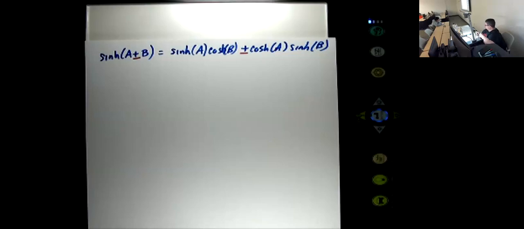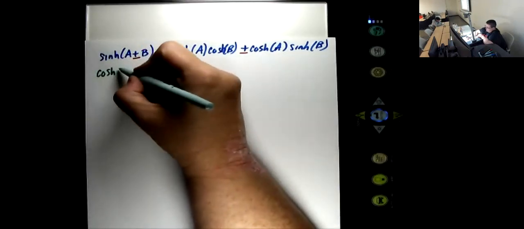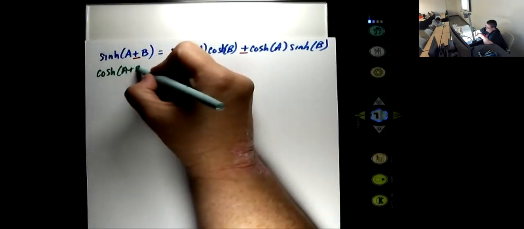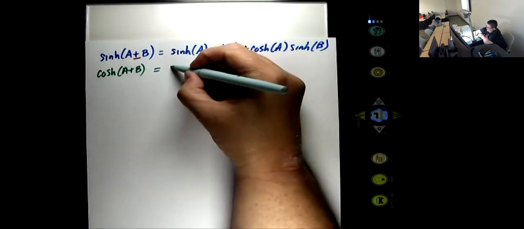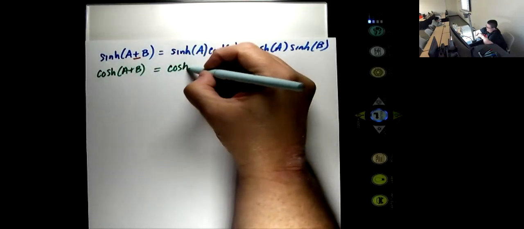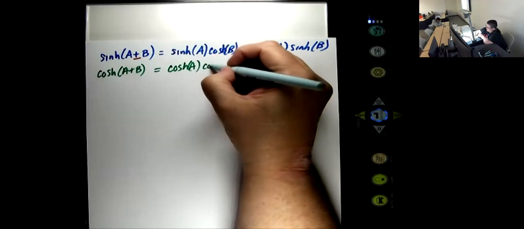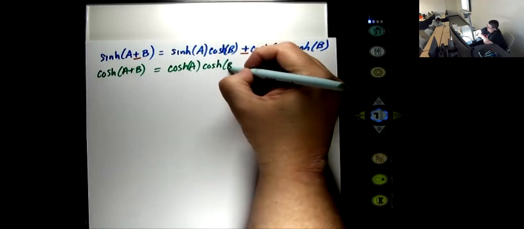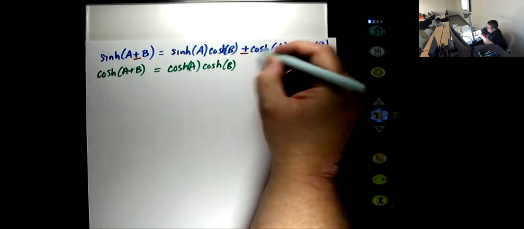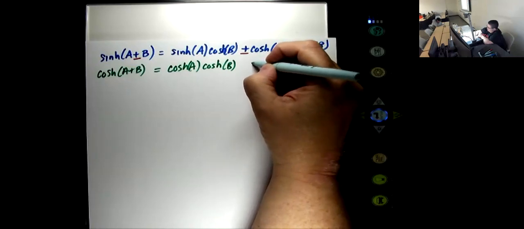Cosine's a little bit different. The hyperbolic cosine of A plus B. The original one with cosine is cosine A, cosine B. So we've got cosh A, cosh B. And the original one changed signs.